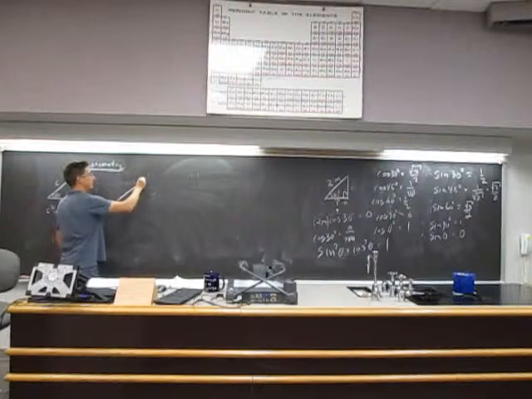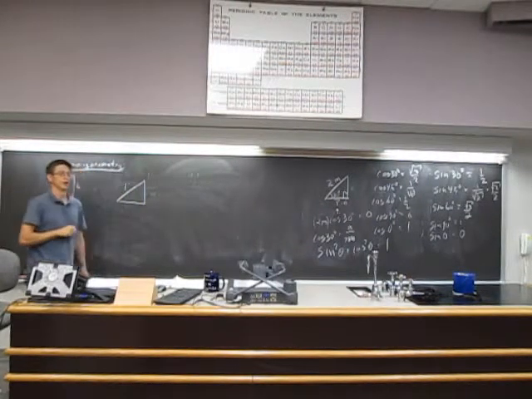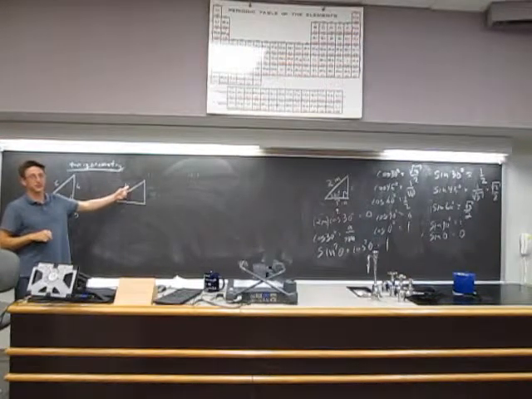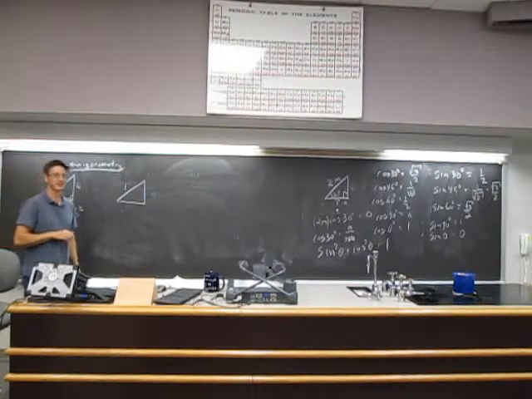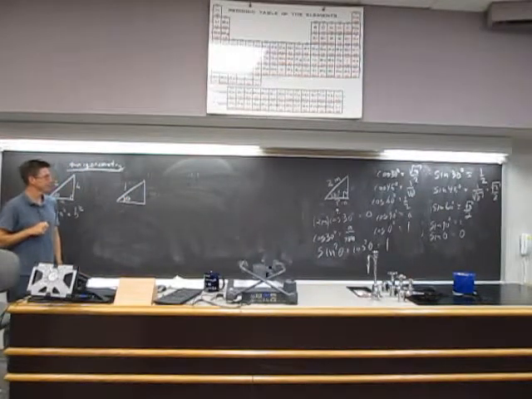So imagine that you have a right triangle with a hypotenuse having a side length of 1. Now, I'm not writing any units here. I probably should if it was a physical triangle, but imagine a dimensionless triangle. Let's call this angle theta.